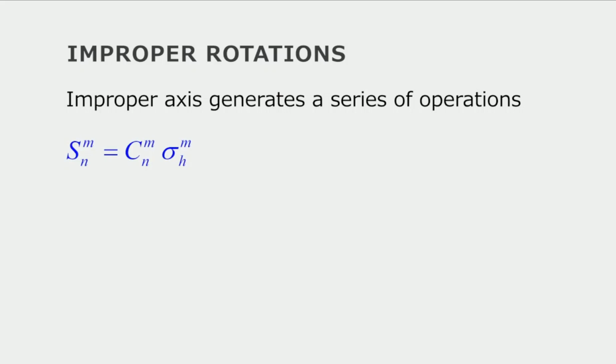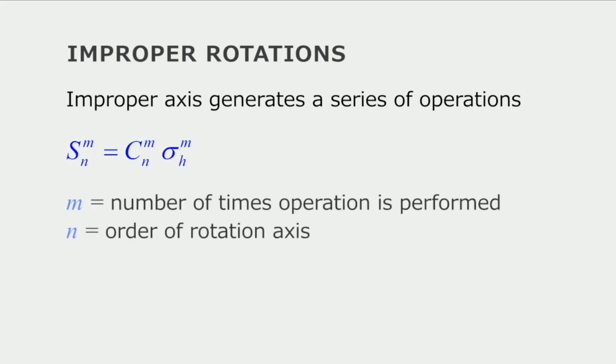Each operation consists of a rotation through an angle theta, or 2 pi by n, followed by a reflection perpendicular to this axis. Mathematically, we can represent this as Sn^m equals sigma h to the power m times Cn to the power m, right? Where n is the order of the rotation axis and m is an integer that represents the corresponding operation.